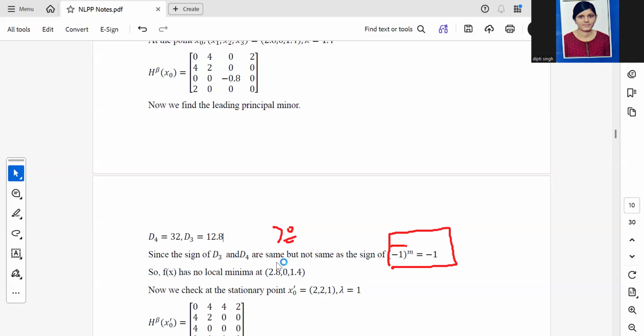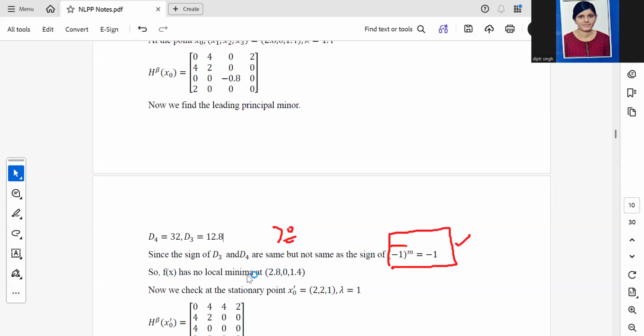As we saw in the previous lecture, for a local minimum we need a certain condition, but here it is not satisfied. So the function has no local minima at this point.